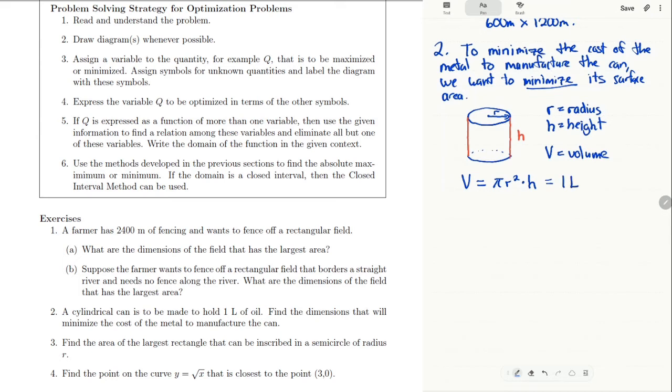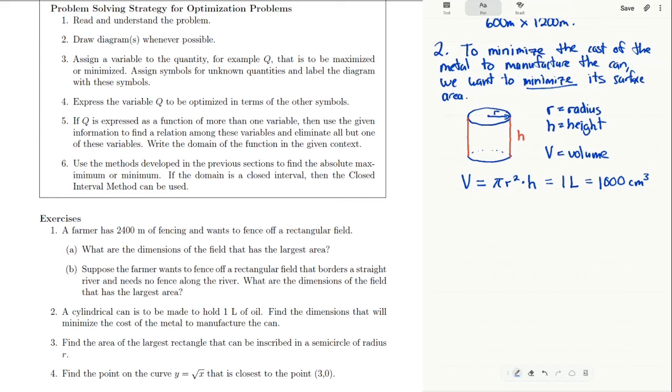And since we want this to be in measurements that we want to use, we can convert this into cubic centimeters. So 1 liter is equivalent to 1,000 cubic centimeters. So that is our constraint of this can.